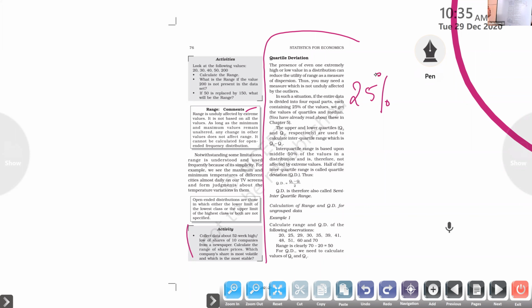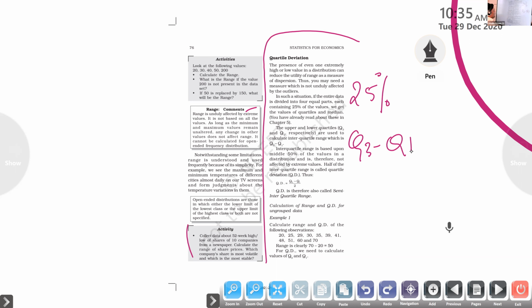The upper and lower quartiles, Q3 and Q1. Here the upper quartile is Q3 and the lower one is Q1. They are used to calculate the interquartile range. So Q3 minus Q1 is the interquartile range. The interquartile range is based upon the middle 50% of the values in the distribution and is therefore not affected by the extreme values.